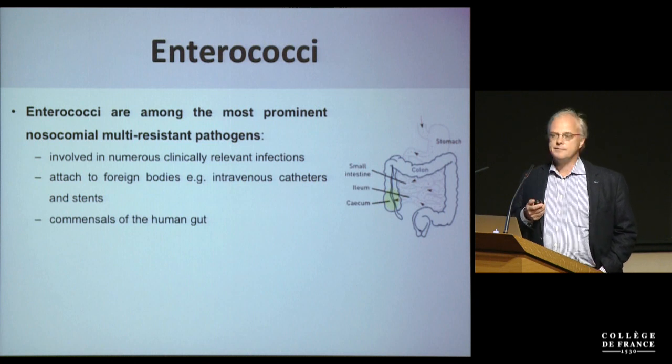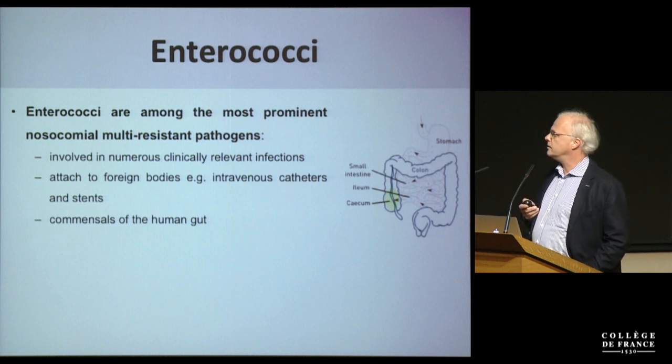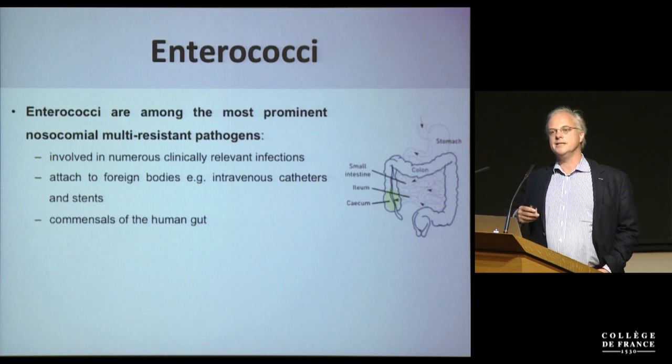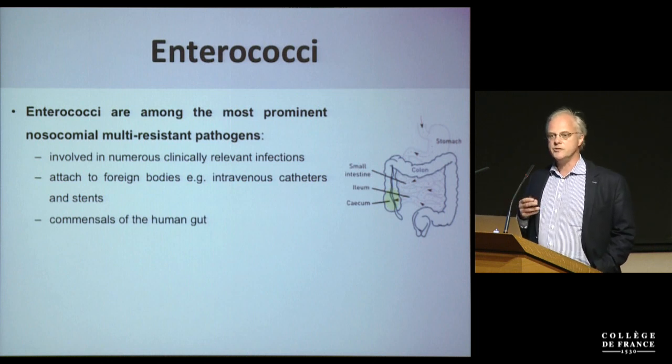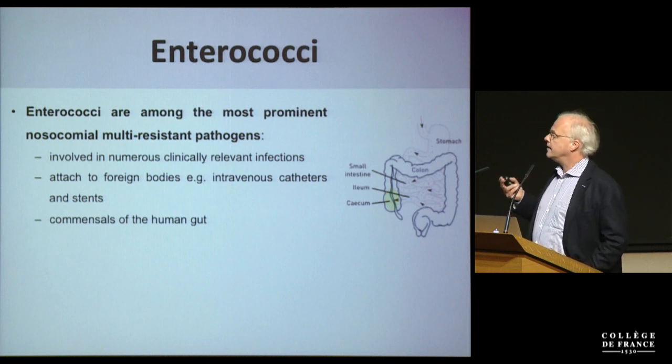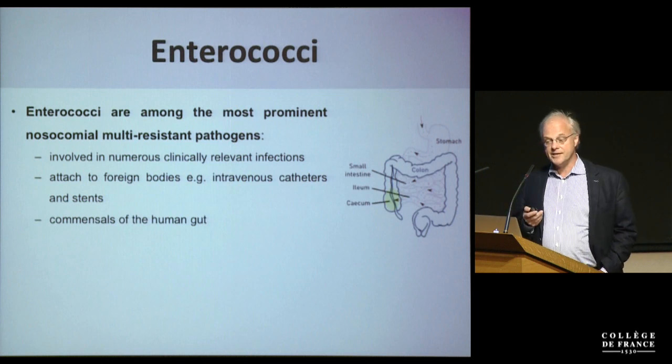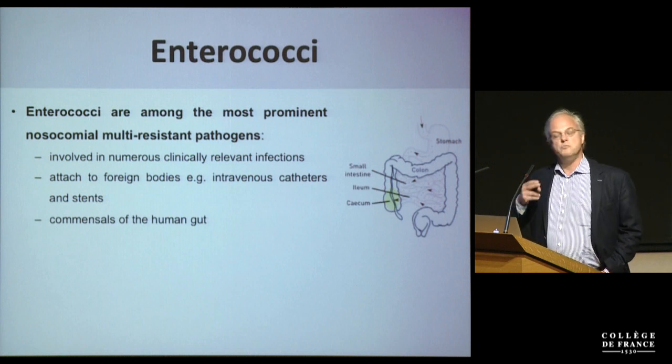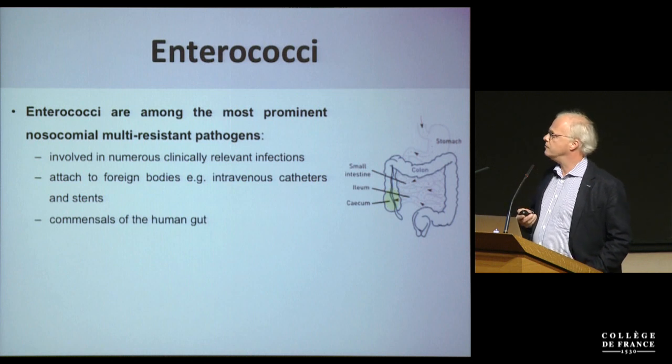One of the important things about Enterococcus, similar to Staph aureus and Staph epidermidis, is that it is associated with foreign body infections like intravenous catheters, etc. And as you may know, this often also means biofilm.